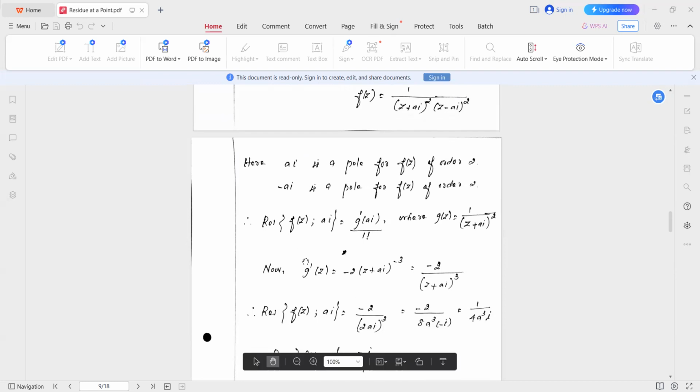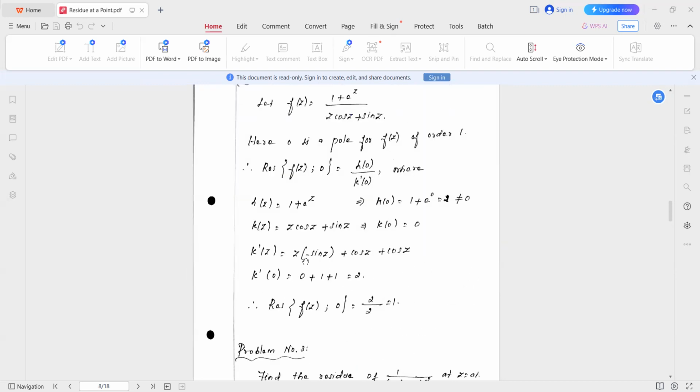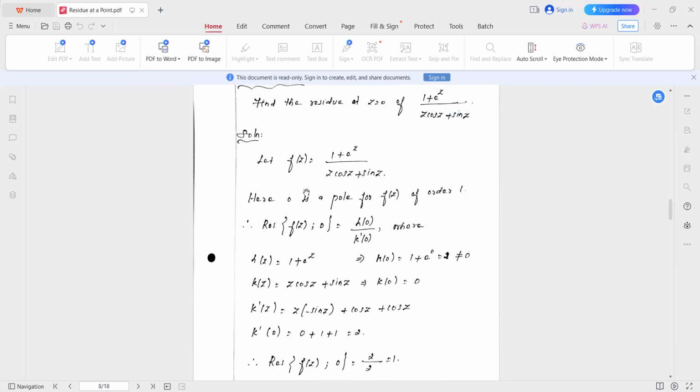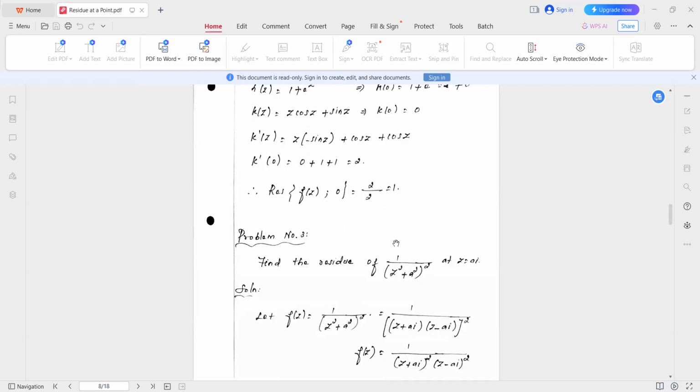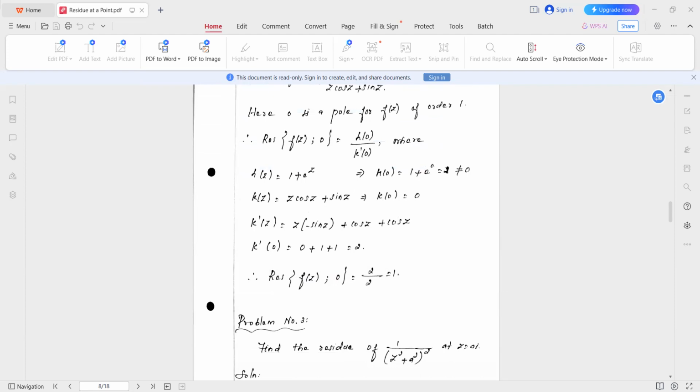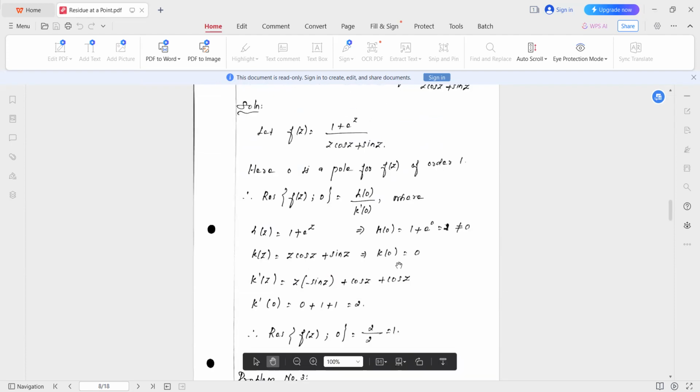We have only one formula for a pole of order greater than 1, so we should go with it. In the previous one, we must go with the third formula because it does not have the term z minus a in the denominator part. So according to the problem given, you have to choose wisely whether to use the first formula, second formula, or third formula.